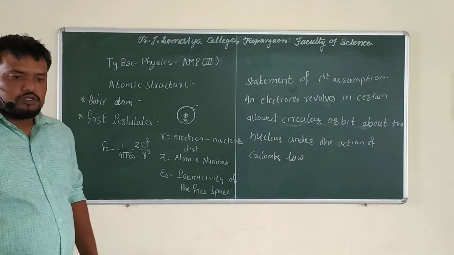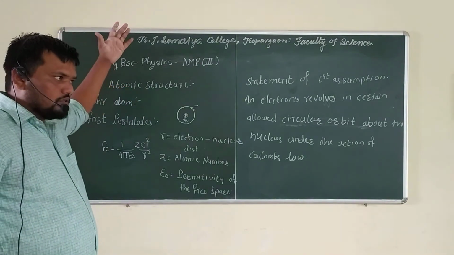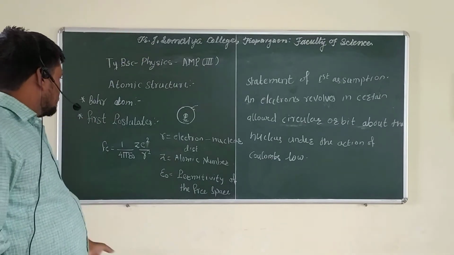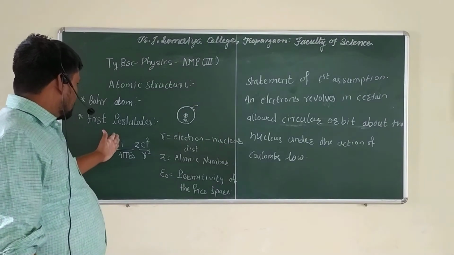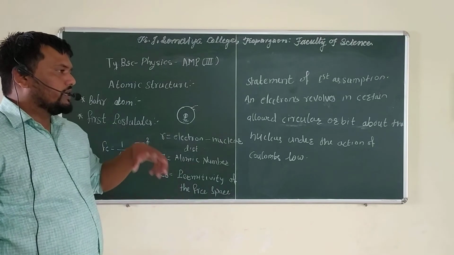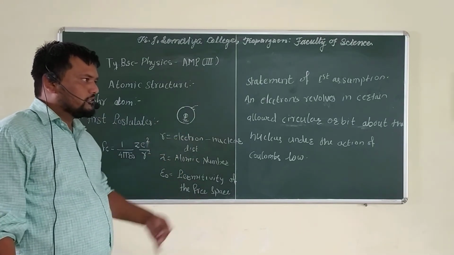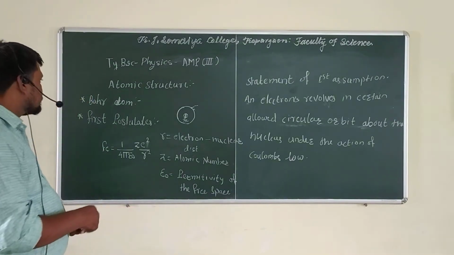We want to equate the stable dynamic condition. The force of Coulomb's law, 1 upon 4 pi epsilon naught Ze square divided by r square, and the force acting on the electron towards the nucleus is the centripetal force, mv square divided by r.